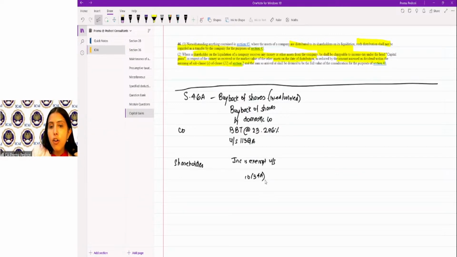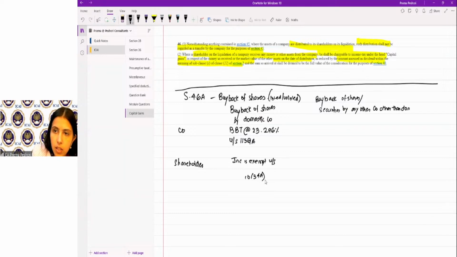Then in case of buyback of shares or any other security by any company other than a domestic company, or if it is a buyback of employee stock options, or a buyback of specified securities, which are these employee stock options, or buyback of ESOPs by any company, domestic or any other, then in that particular case, that is chargeable under 46A.